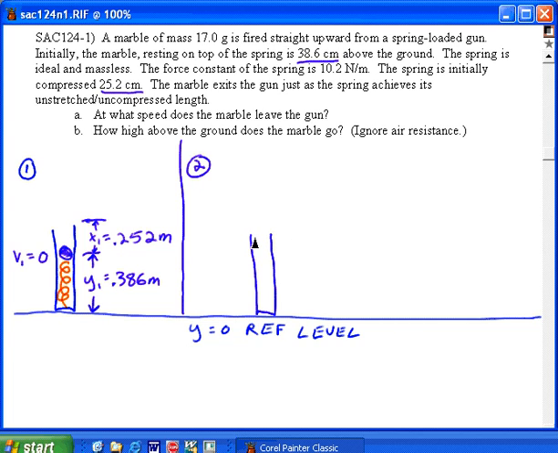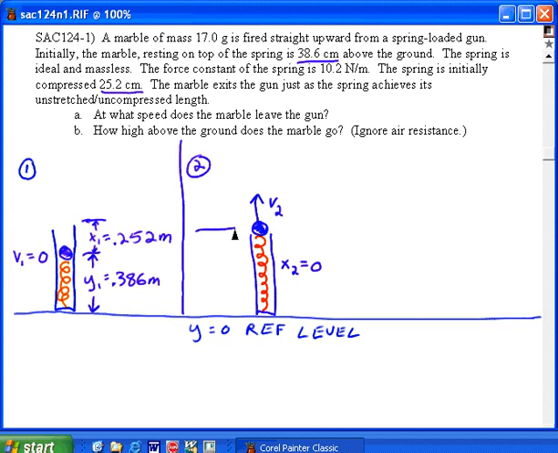In this picture, the spring is uncompressed, again because they said that it achieves its unstretched, uncompressed length just as the marble leaves the gun. The marble is moving with a speed I'll call V2. So uncompressed spring means X2 is equal to 0.